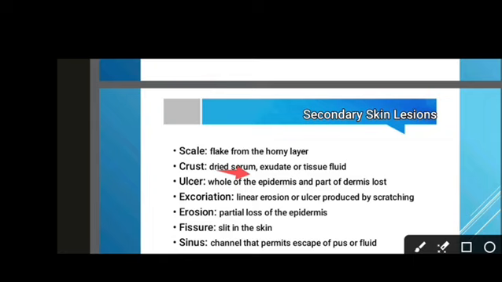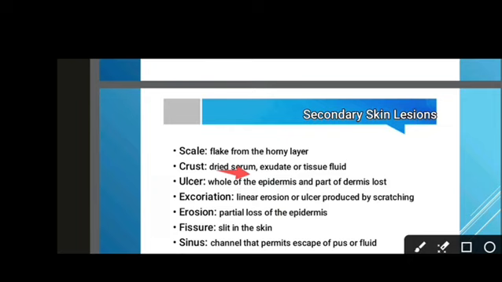When we come to ulcer, it is loss of the whole of the epidermis and part of the dermis.